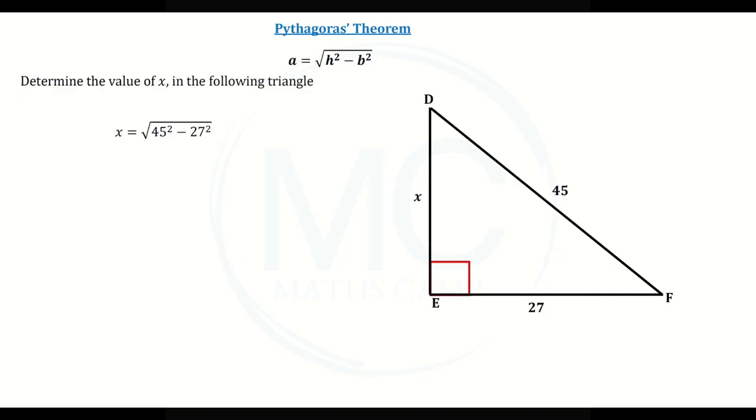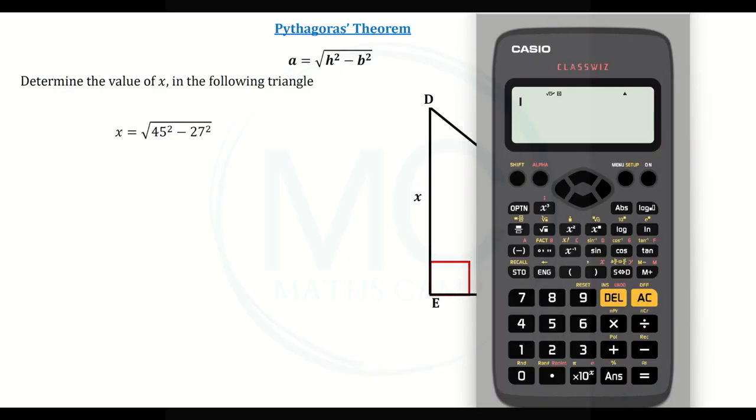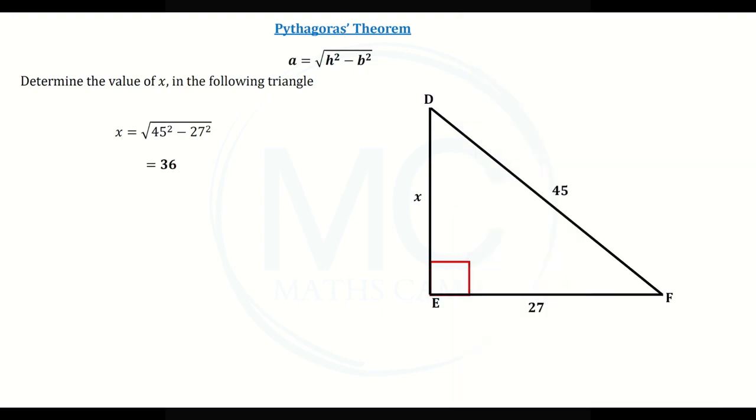These are very big numbers, so let's put them into our calculator. Now we can say the square root of 45 squared minus 27 squared is equal to 36. This is the length of our unknown side. Let's do another one.